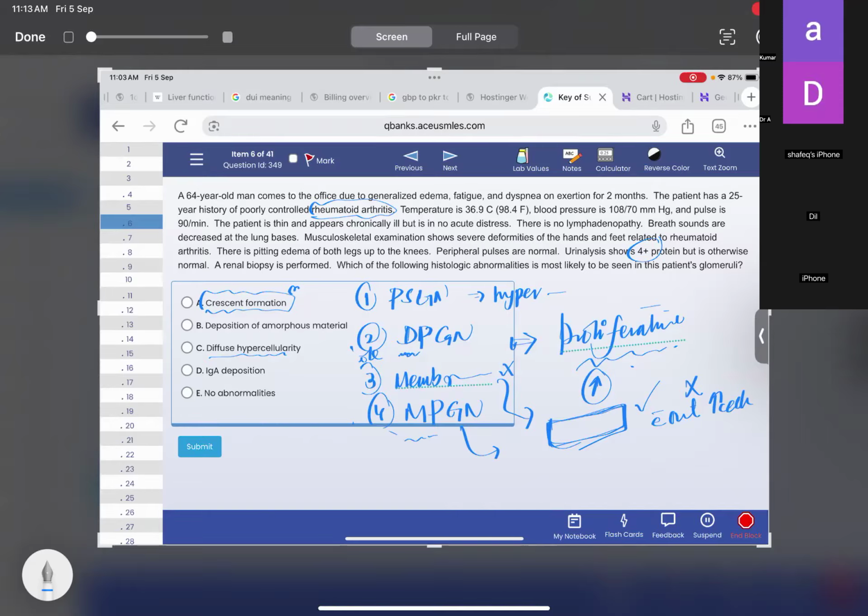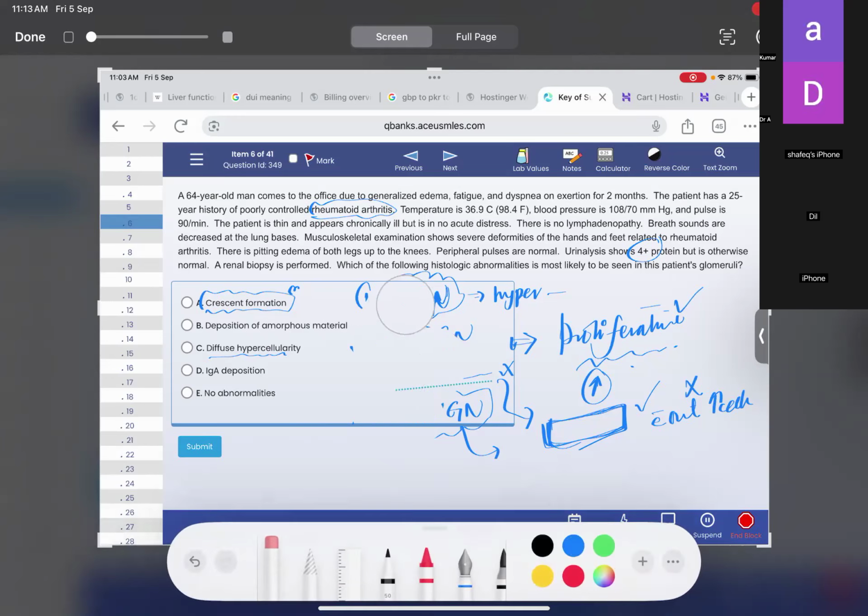But if we have increased thickness of the membrane along with the proliferation, what do we call it? MPGN, membranoproliferative glomerulonephritis. And one other condition that causes proliferation is post-streptococcal glomerulonephritis.